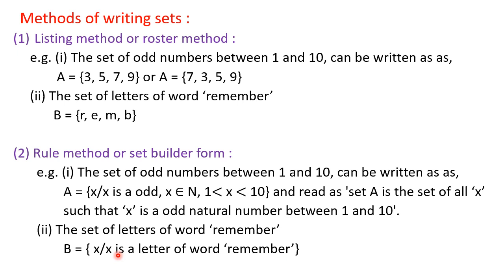Always keep in mind, your statement should be singular. It should not be plural. Correct? This is not allowed. So keep this in mind while writing the sets. Okay? So I hope you must have understood both the methods to write sets. Now we will take more examples so that you can understand both the methods properly.